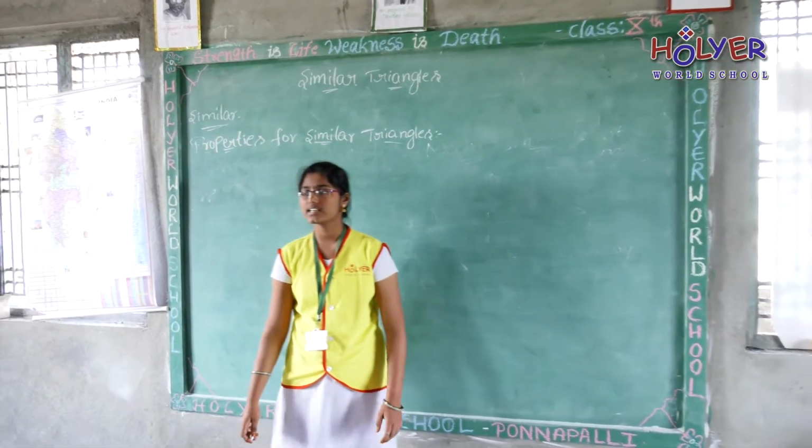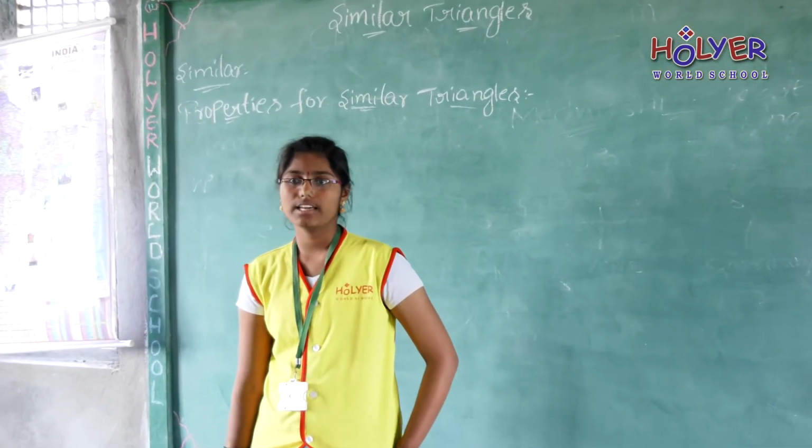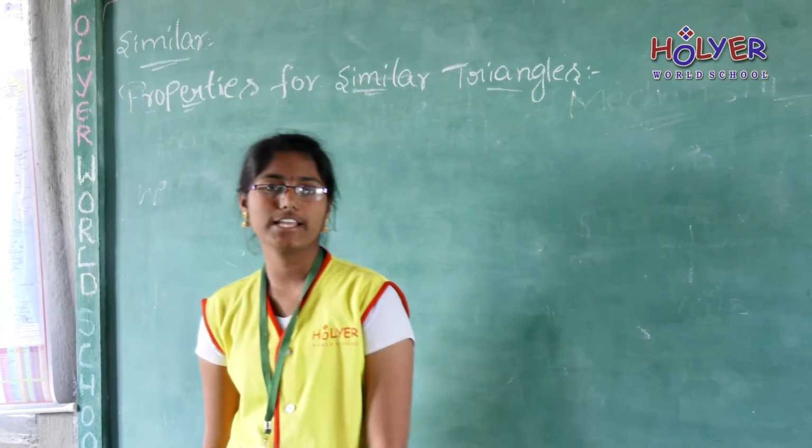When we say two figures are similar, the corresponding angles are equal, and the corresponding sides are in the same ratio.